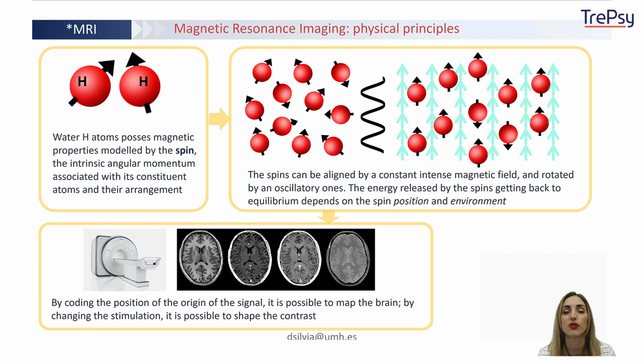And actually there is a whole field of research which is just developing new stimulation protocols, which are called pulse sequences, because of this oscillatory property, accessing newer, more advanced and more specific aspects of the structure or microstructure.